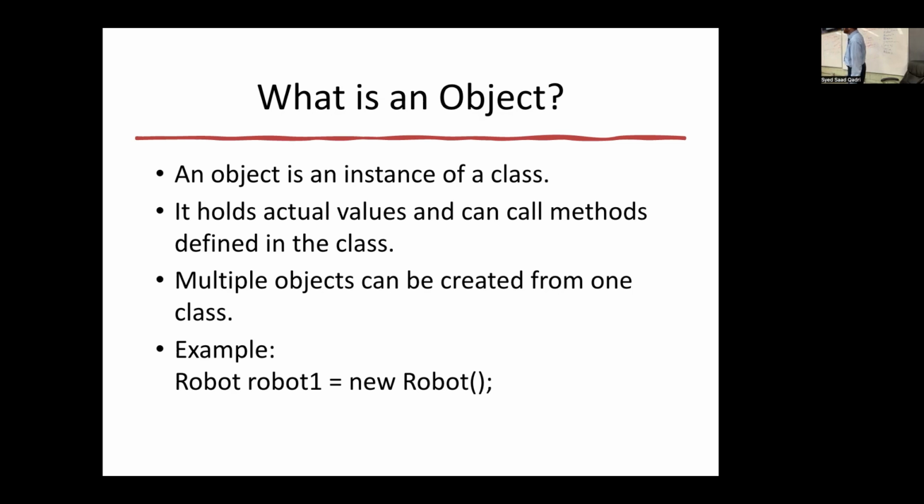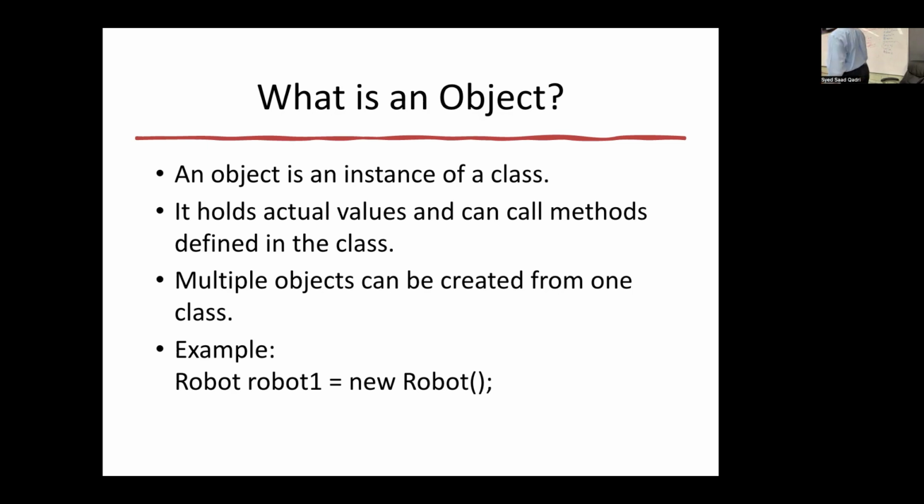That's why I need the word new there. And the last Robot, can you see the difference between the first Robot and the last Robot? The one with the parentheses, that's a constructor call. The one to the right is a constructor call. The one to the left is a class name. So why are we calling the constructor? Remember, it is the constructor that instantiates. It loads the initial values into the memory.